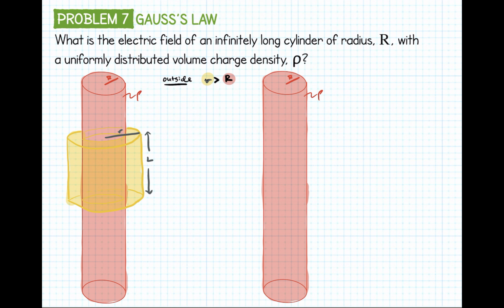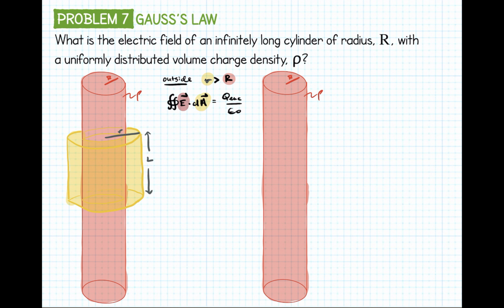Okay, so starting from Gauss's law, which is a closed surface integral of E dot dA equals Q enclosed over epsilon naught. Remember, this comes from Gauss. This comes from our electric field.